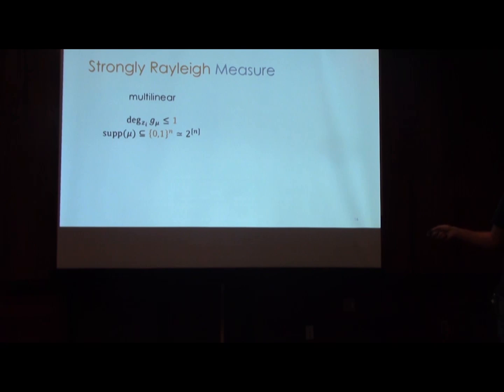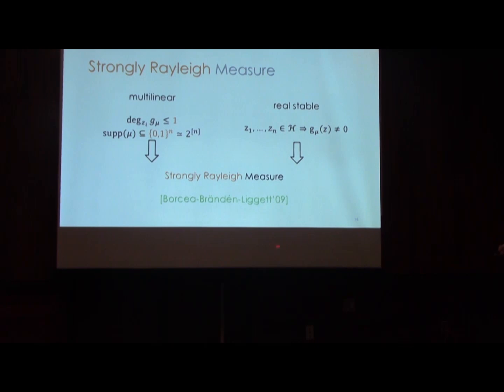An equivalent way of saying that is that in the generating polynomial, no variable appears with a power of more than 1. So the generating polynomial is multilinear. Then I'm also going to require that the generating polynomial is real stable, and these two conditions are basically the definition of strongly Rayleigh measures, which was introduced by Borcea, Brändén, and Liggett.